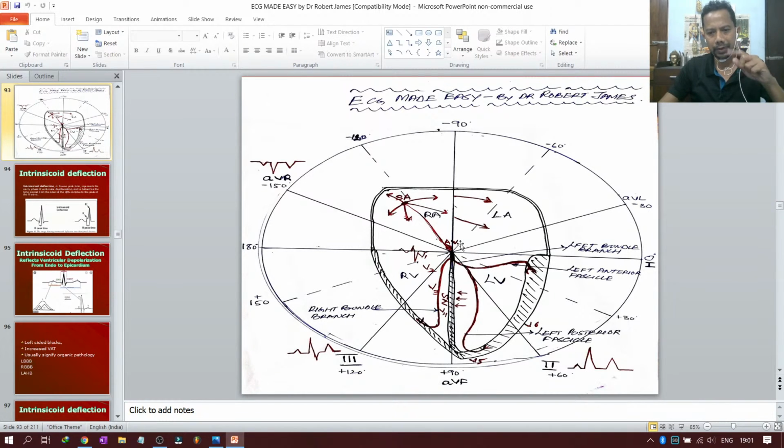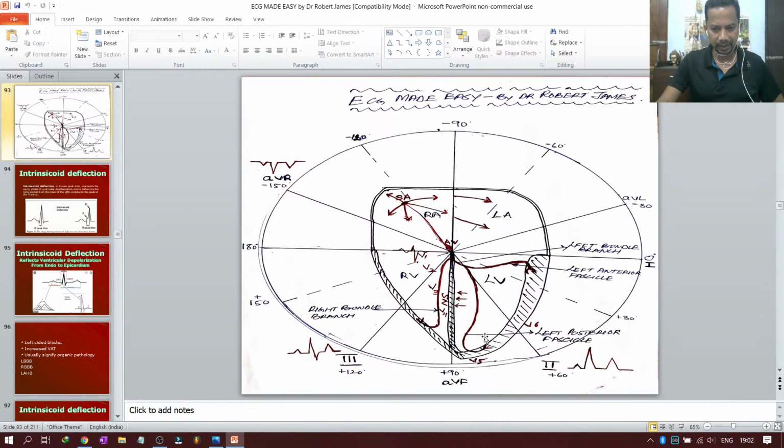Now we come to right bundle branch block. We have blocked the right bundle branch out here, and what will happen? The right bundle branch is blocked, so now the current is coming from the left bundle branch to stimulate the right ventricle, because the right ventricle also has to pump. So current is coming like this, from lead 1 towards lead AVF.